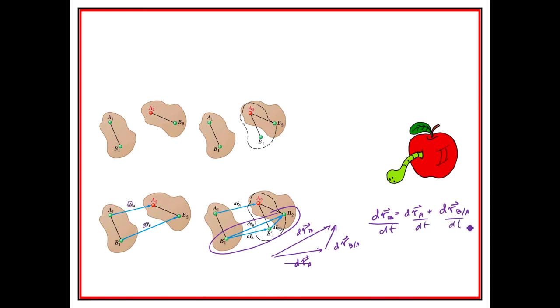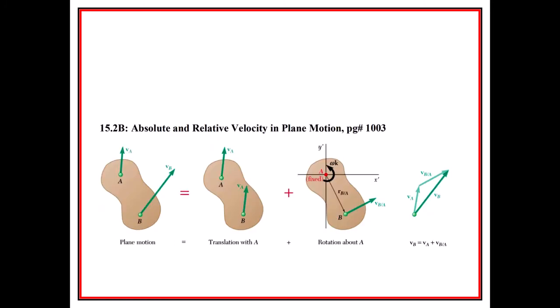Nothing's stopping us. And so we come up with the conclusion that VB is equal to VA plus VB with respect to A. And we'll find that we can find the magnitude of that with an angular velocity and a position vector. So we'll see that in the next slide, right?